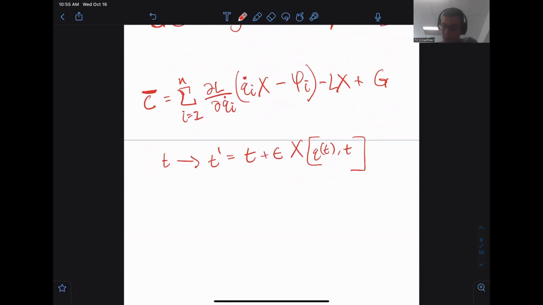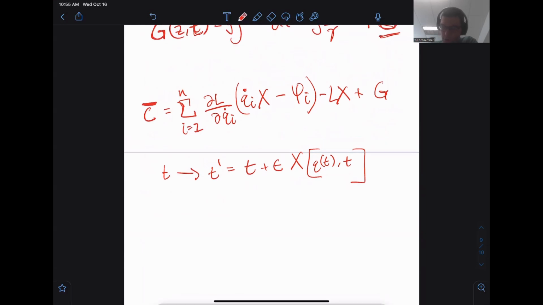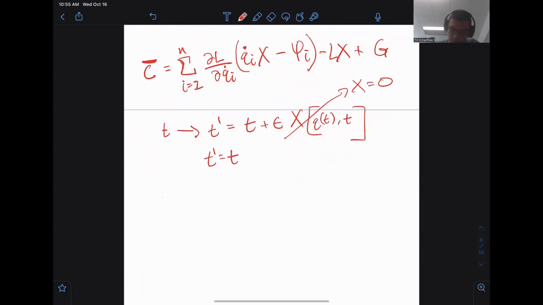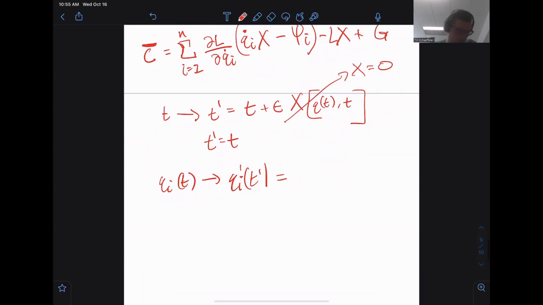Okay, so we know that in our current transformation, t prime is just equal to t, which means that x is equal to 0, and q_i goes to q_i prime of t prime, which is equal to q(t) + epsilon.